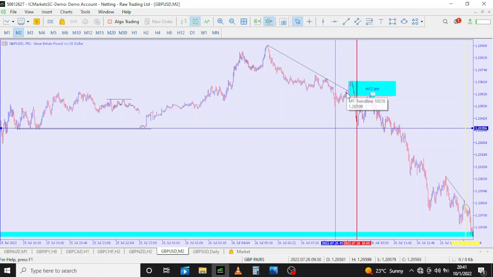A lot of people who were selling here were manipulated, and the ones who were buying here were manipulated.